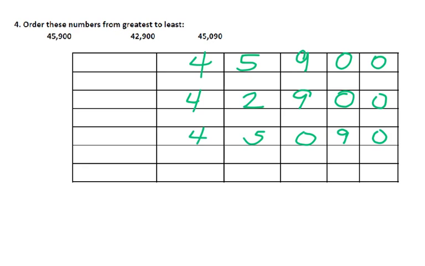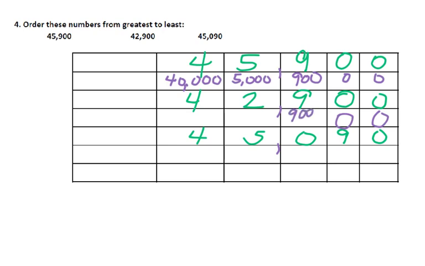Okay, so if I were putting the values of each of these digits, 0, 0, there's 900 here, there's 5,000 here, and there's 40,000 here. Make that look like a comma, not a period. Okay, so for 42,900, if I was putting the value of each of those digits, it'd be 0, 0, 900.